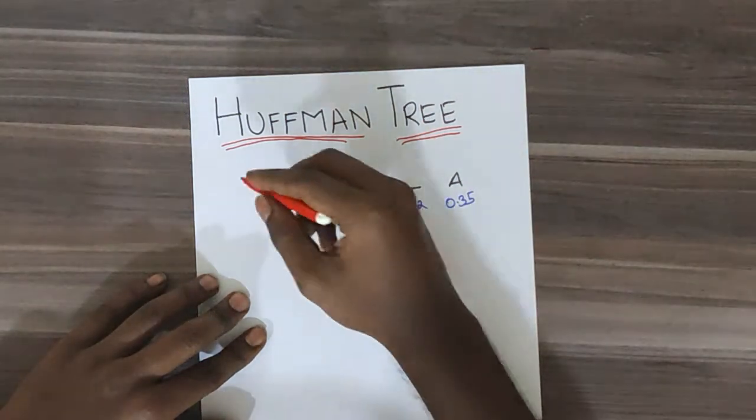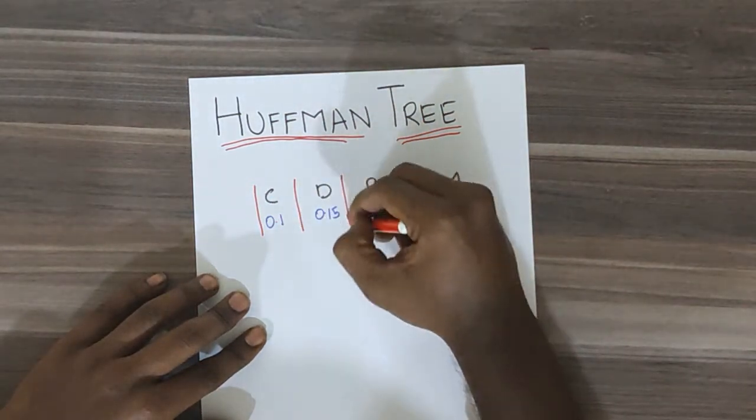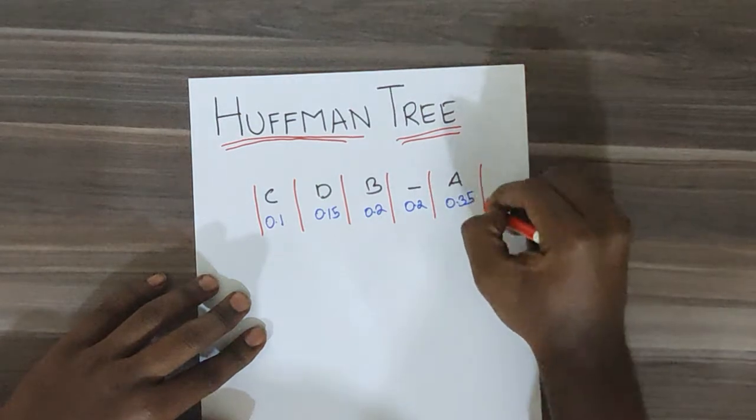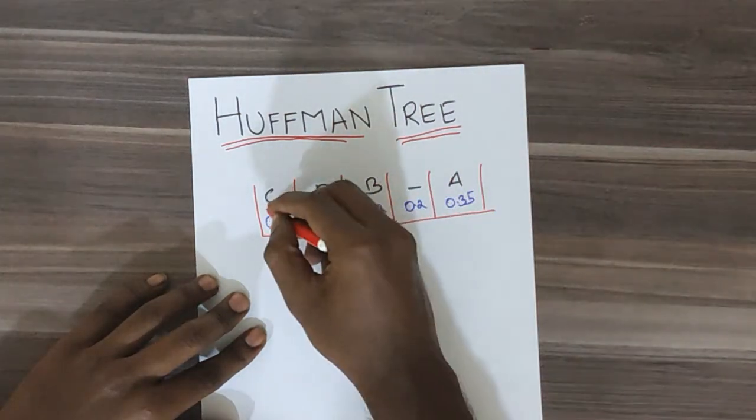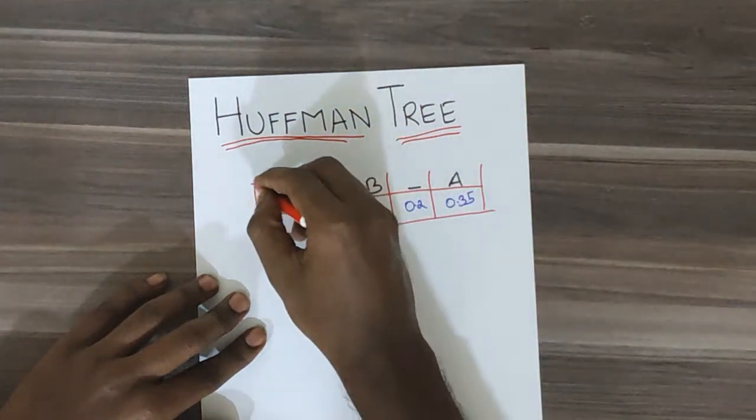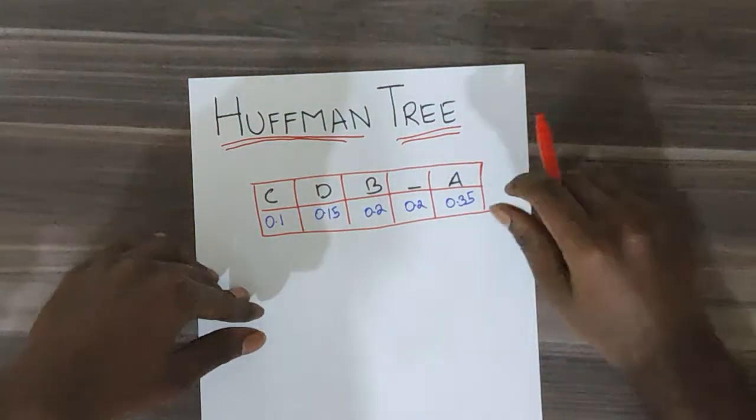These are the relative frequencies, meaning the sum of all the frequencies is 1. These are the relative frequencies of the characters in the text.